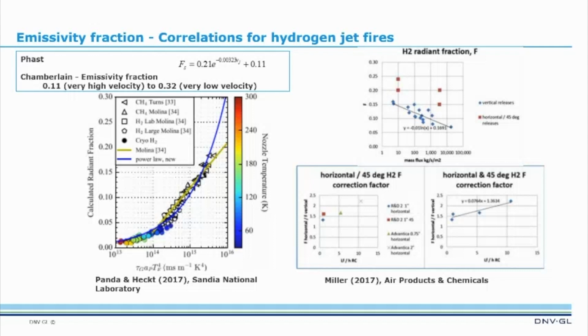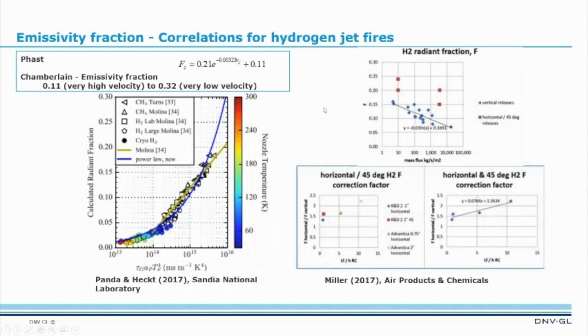Now, their correlation is not that easy to follow because it's based on this concept down here, which is based on a concept of a residence time. But you could probably set up a spreadsheet and calculate these values yourself, and then you could use this value as input to Phast, or just choose a conservative value for the type of flame you're looking at.